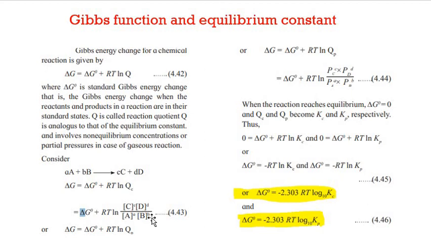If I write it in terms of partial pressure, then partial pressure of C raised to power c multiplied by partial pressure of D raised to power d, upon partial pressure of A raised to power a multiplied by partial pressure of B raised to power b.